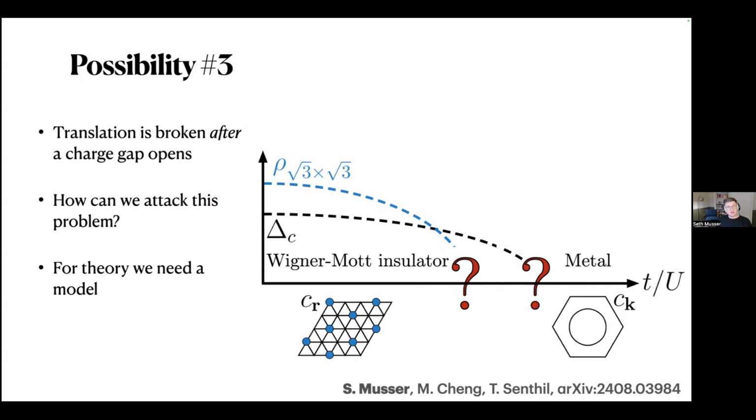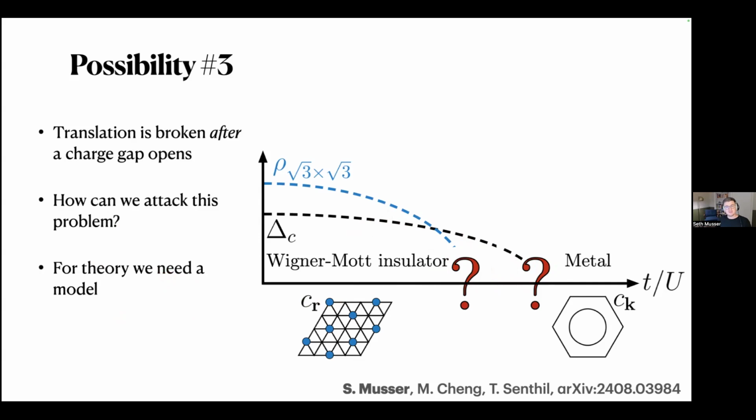And furthermore, it's not actually ruled out by the experiments because the STM can only access the charge order, while the exciton sensing can only access compressibility. So it's actually not clear which happens first, whether you open up a gap first or you break translation first in the system.